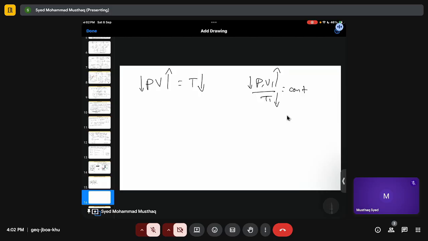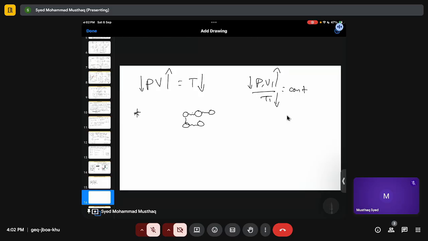This is the mathematical way. Now how do you define it in a more physical manner? Gas molecules are very closely packed when the pressure is high.